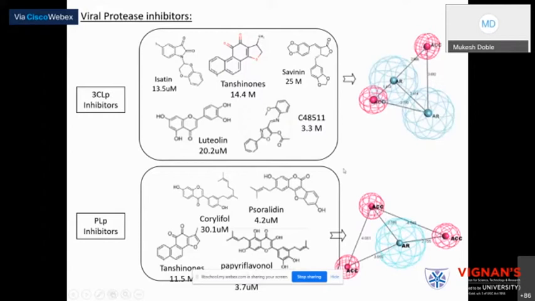So we can look at molecules which overlap on both these proteases, and if we can find new inhibitors with pharmacophore overlap on both, we may be able to come up with candidates which may have dual inhibiting activity.